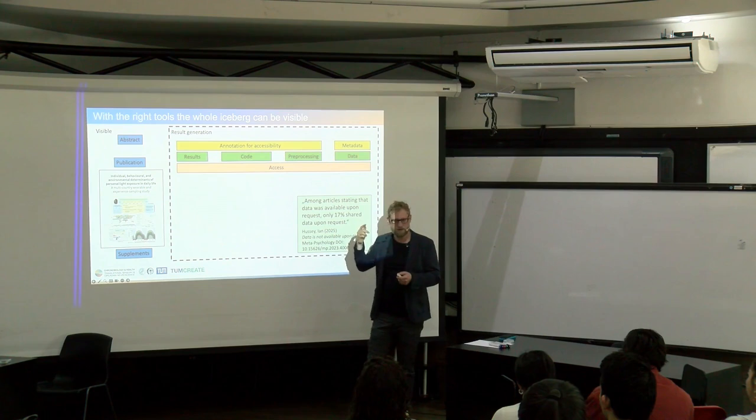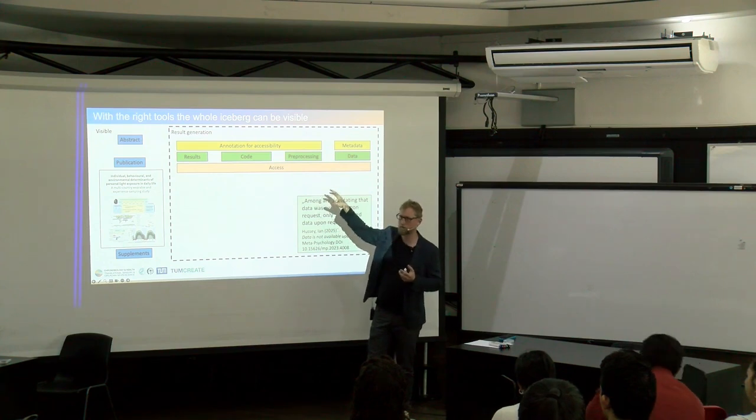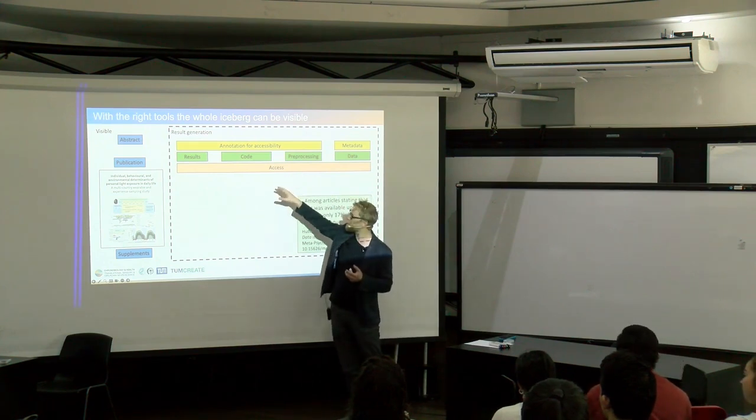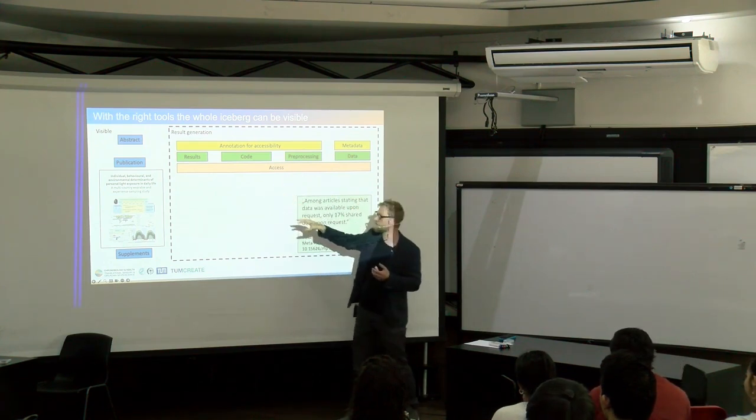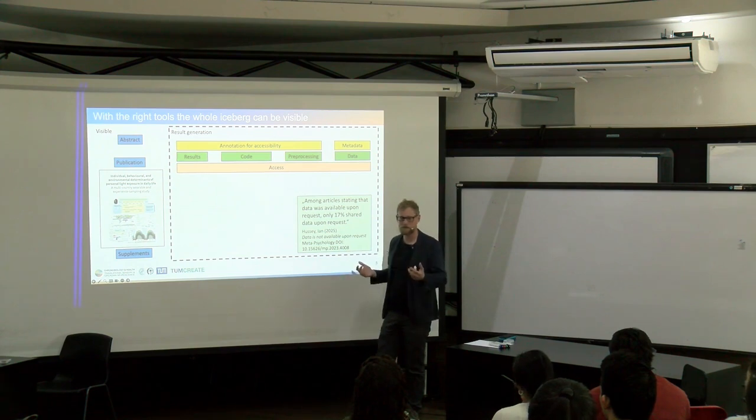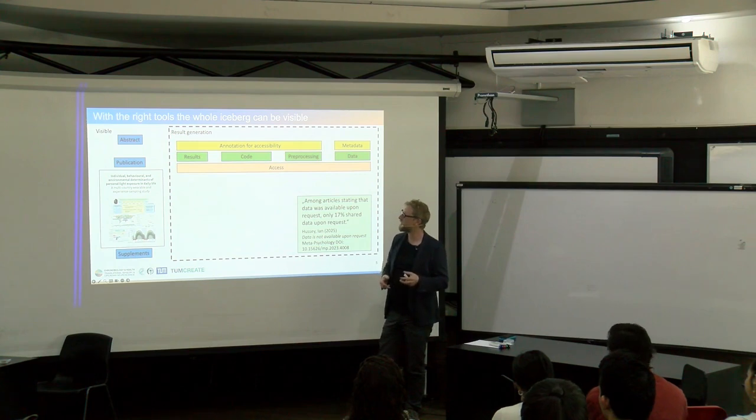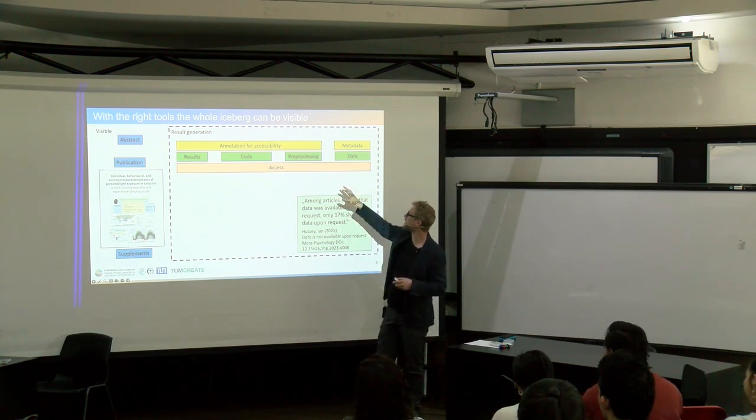As I said, just accessing something does not mean it is actually useful. You have to comprehend it, and for that you have to annotate what you're producing in terms of pre-processing, in terms of code, in terms of results, so that someone else that looks at this, or yourself in 2 months, because you will forget the details of your analyses, can actually remember and understand what's happening there.